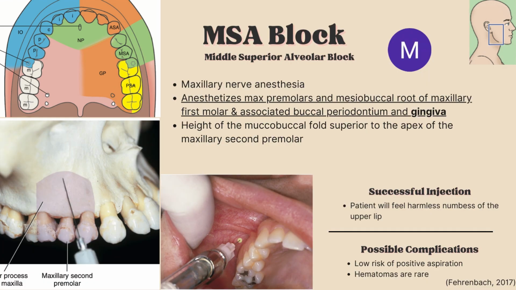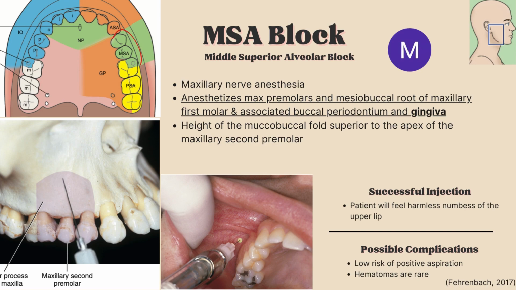And moving along, we're onto the MSA block or the middle superior alveolar block. It is, in fact, a maxillary nerve anesthesia. It anesthetizes the maxillary premolars and the mesiobuccal root of the maxillary first molar and associated buccal periodontium and gingiva. The injection site is at the height of the mucobuccal fold, superior to the apex of the maxillary second premolar. This nerve is only present in about 28% of cases. 72% of cases are people missing this nerve, so this cannot be anesthetized.